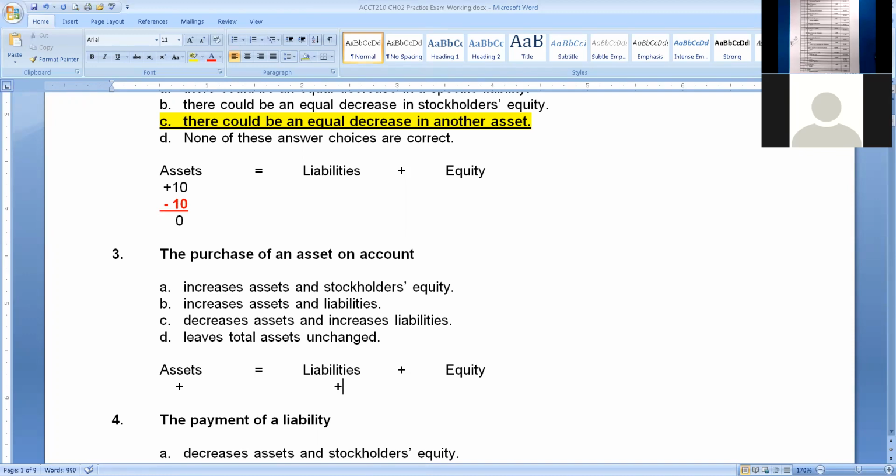So what's the answer? So assets increase and liabilities increase.